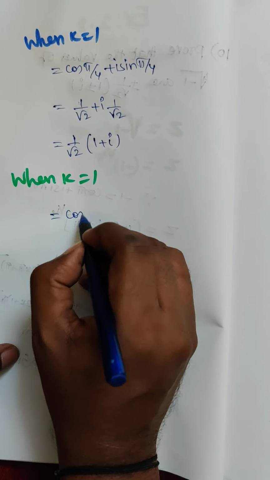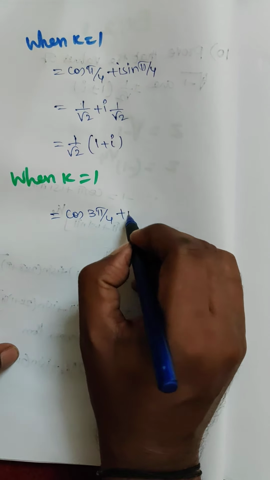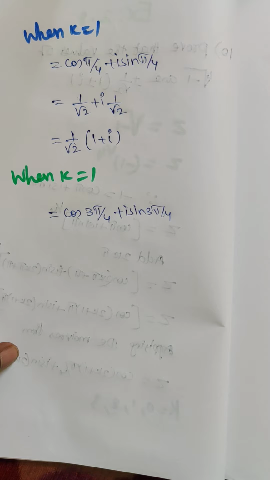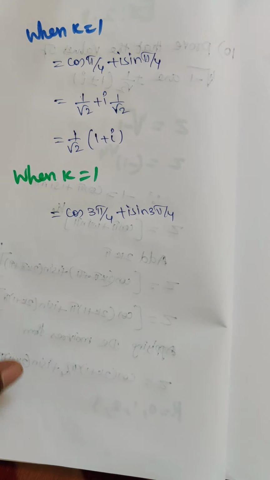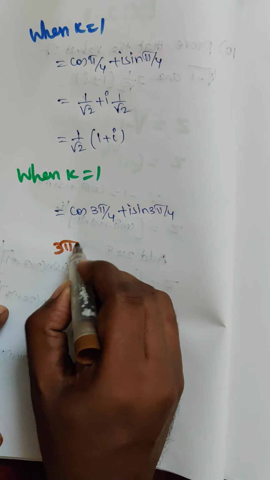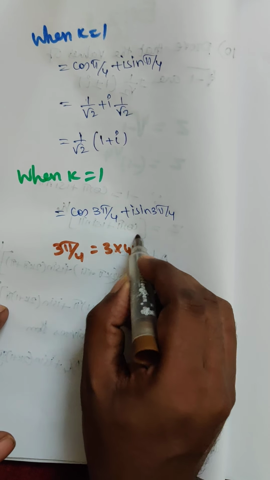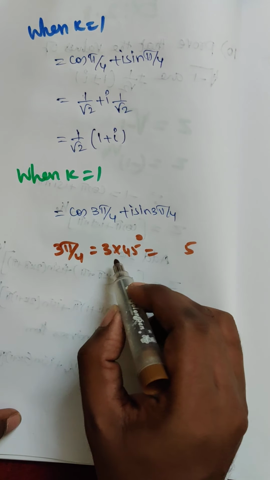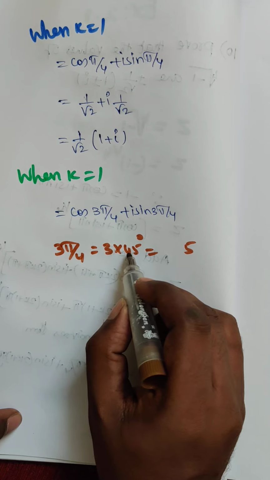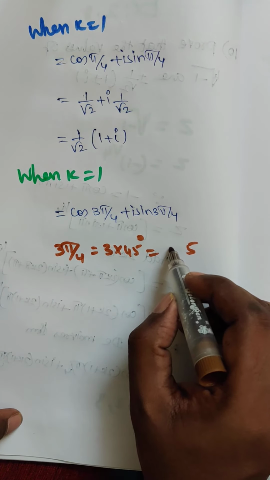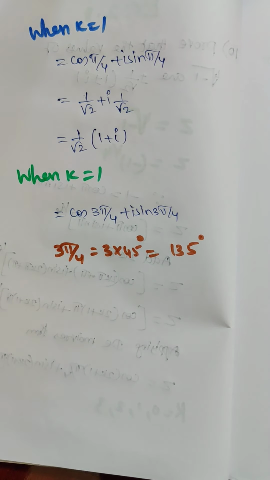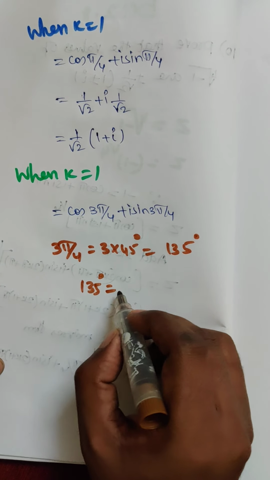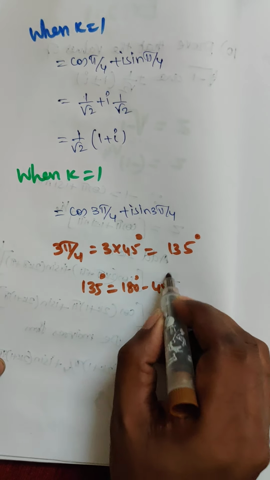So that is equal to cos 3 pi by 4 plus i sin 3 pi by 4. 3 pi by 4 is equal to 3 into 45 degree, that is 135 degree. 135 degree we can write as 180 minus 45.